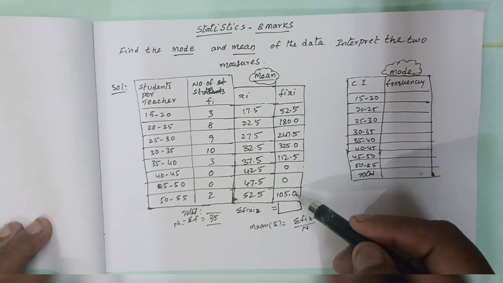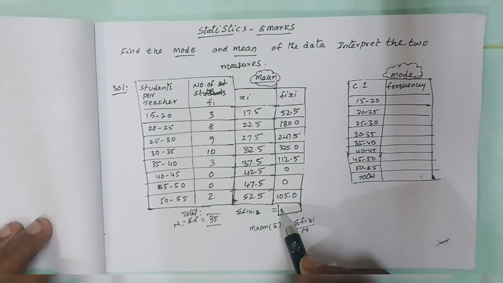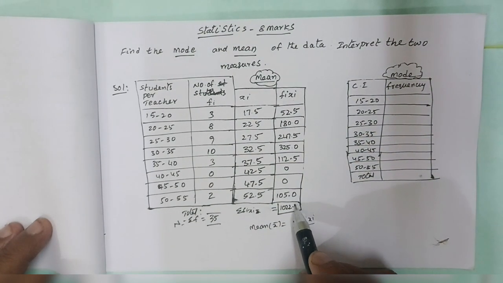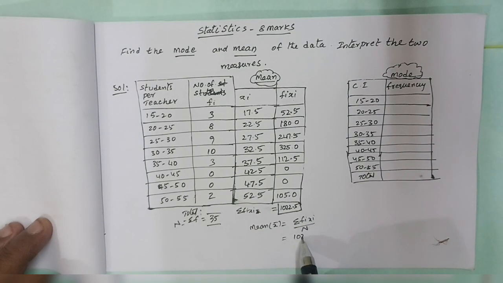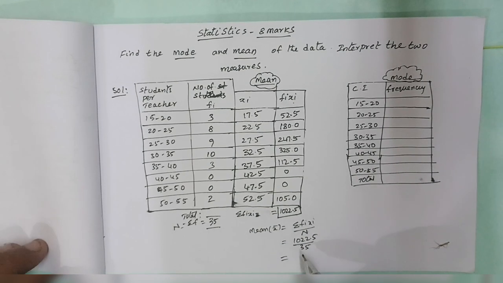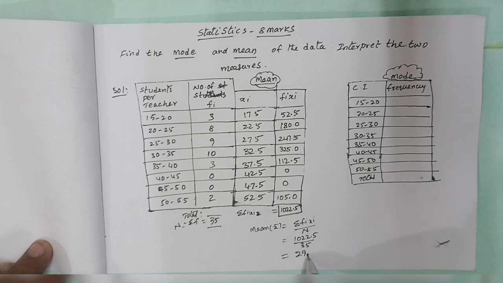Add the total, we get 1022.5. Now mean is equal to 1022.5 by 35, which is equal to 29.21.